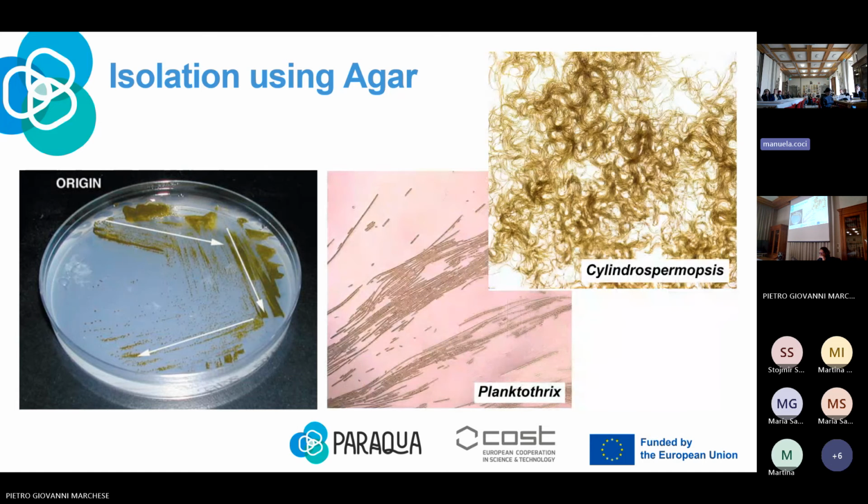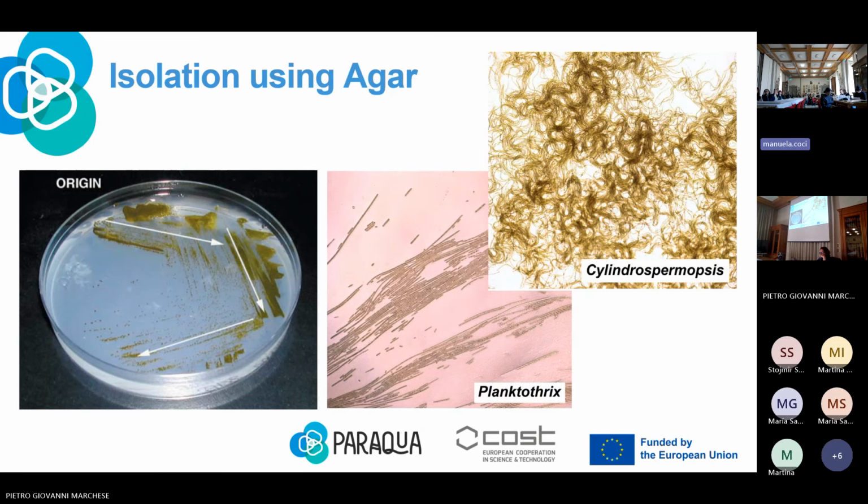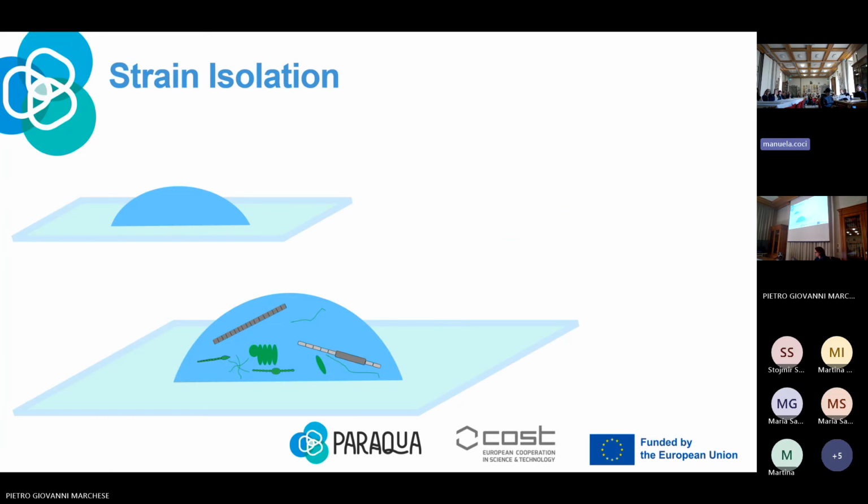A lot of cyanobacteria have benthic behavior, but some planktic strains can also grow on agar for some time. Here you have filaments of Planktothrix on the agar, and also, sorry for the previous name, this is now Raphidiopsis, according to the modern taxonomy. So even heterocytous forms can be cultured on a solid, semi-solid substrate.